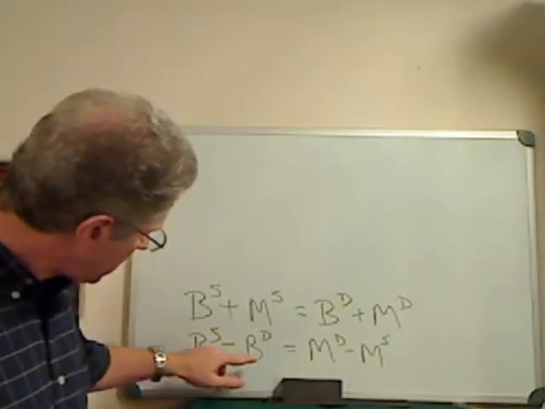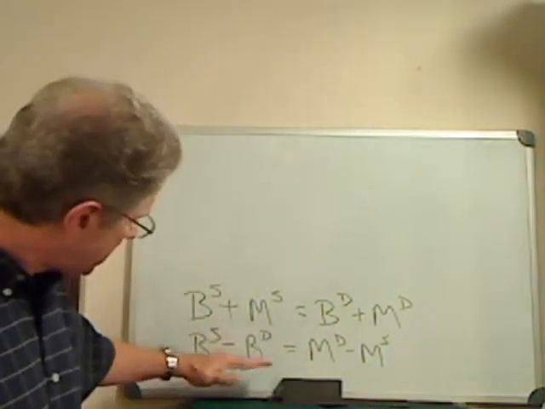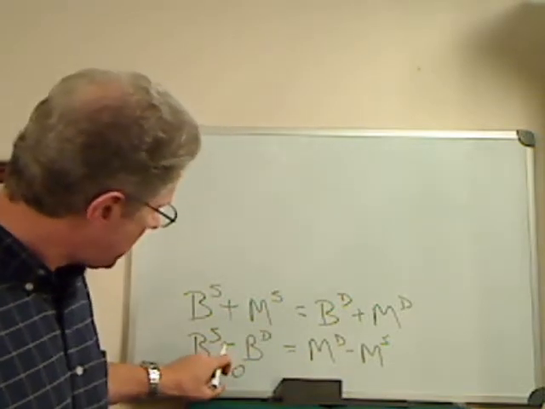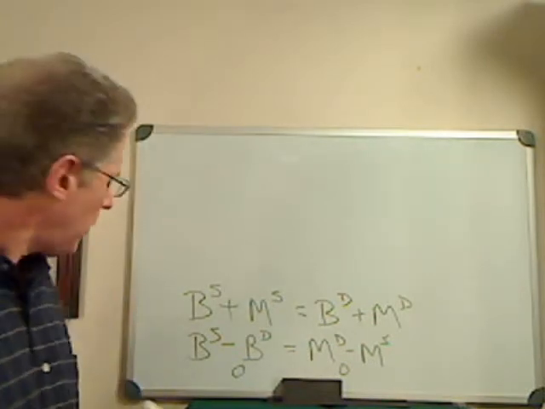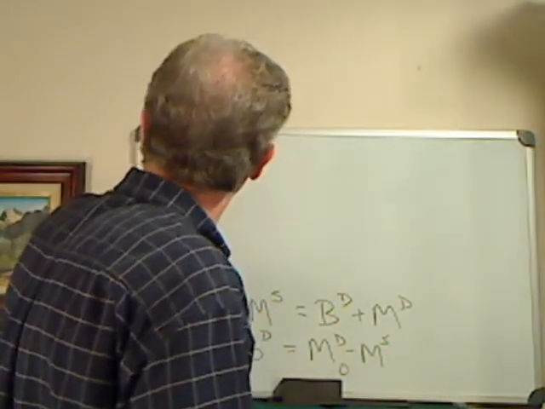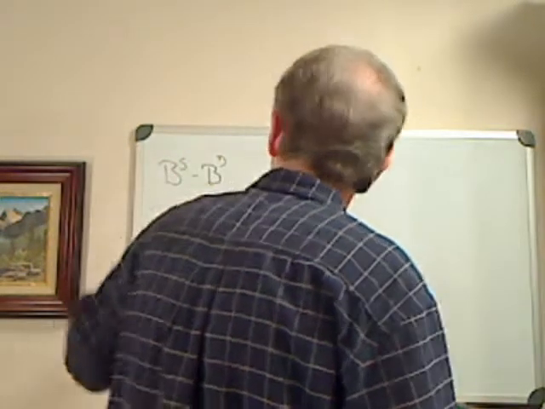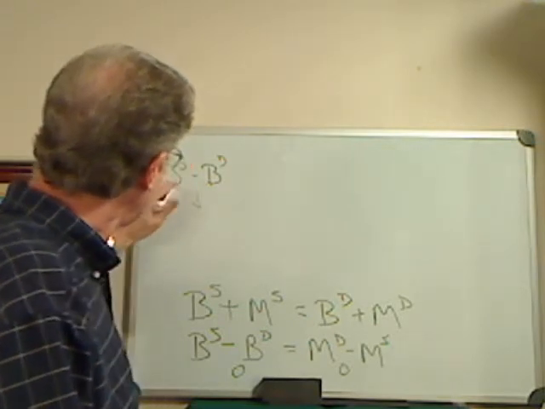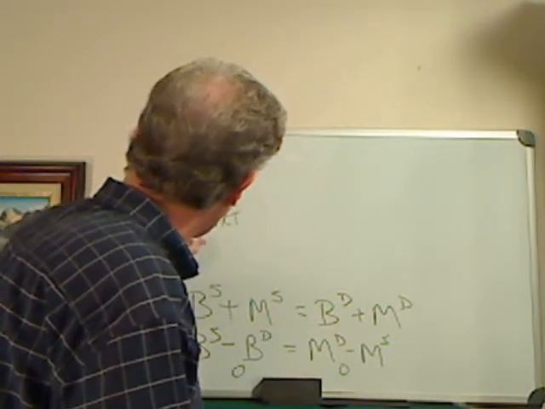If the quantity of bonds demanded and the quantity of bonds supplied are equal, then this difference will be 0. And if this side is 0, then this side must be 0 as well. Why is that important? Because if that difference is equal to 0, that means that the bond market is in equilibrium.